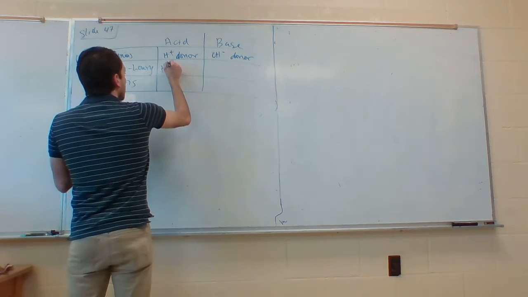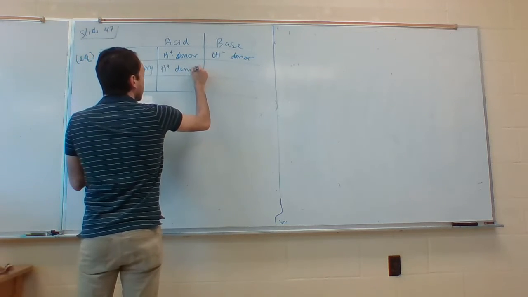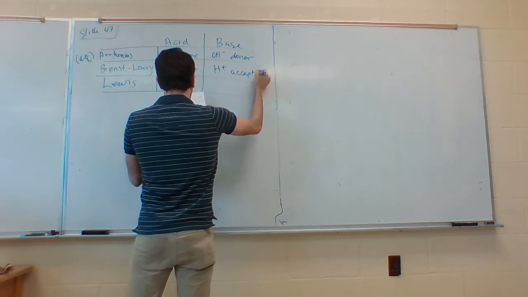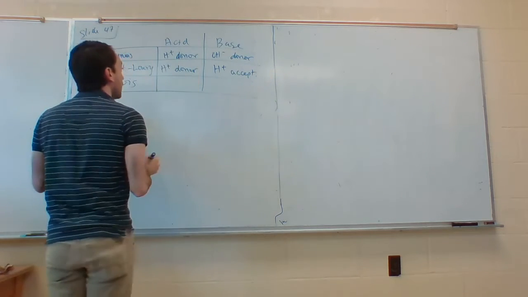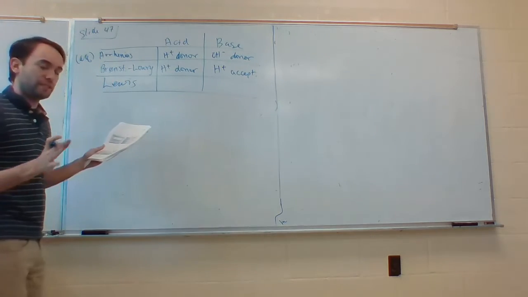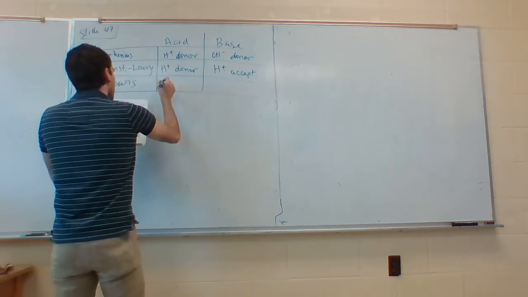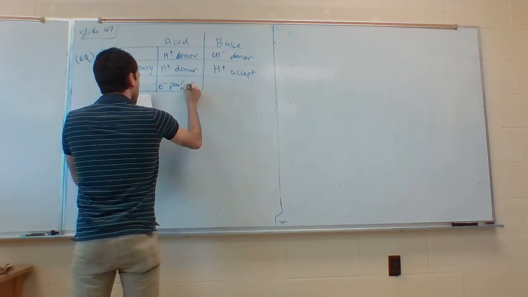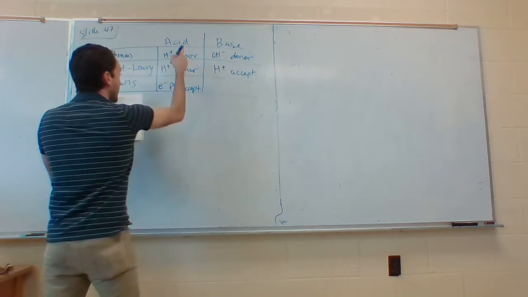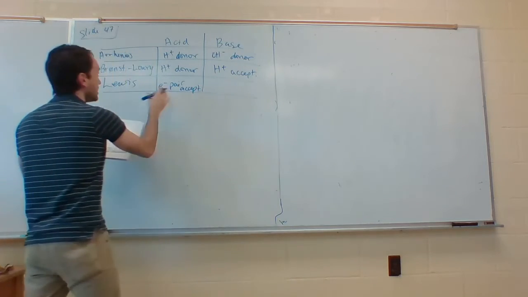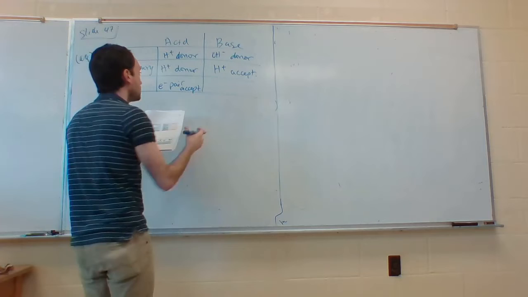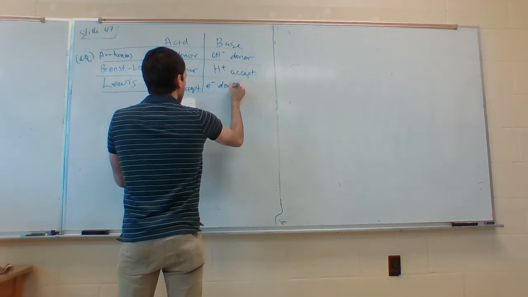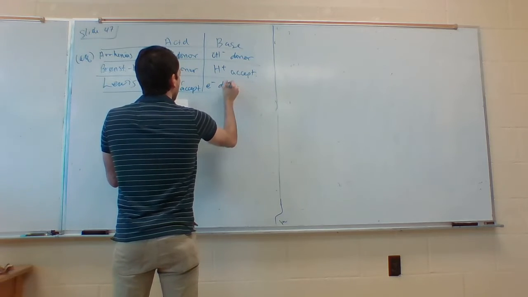Bronsted-Lowry is a proton donor for an acid, and it's a proton acceptor for a base. Lewis is a little bit different. Lewis is an electron pair acceptor as an acid. So a Lewis acid is going to accept a pair of electrons, and a Lewis base is going to donate a pair of electrons.